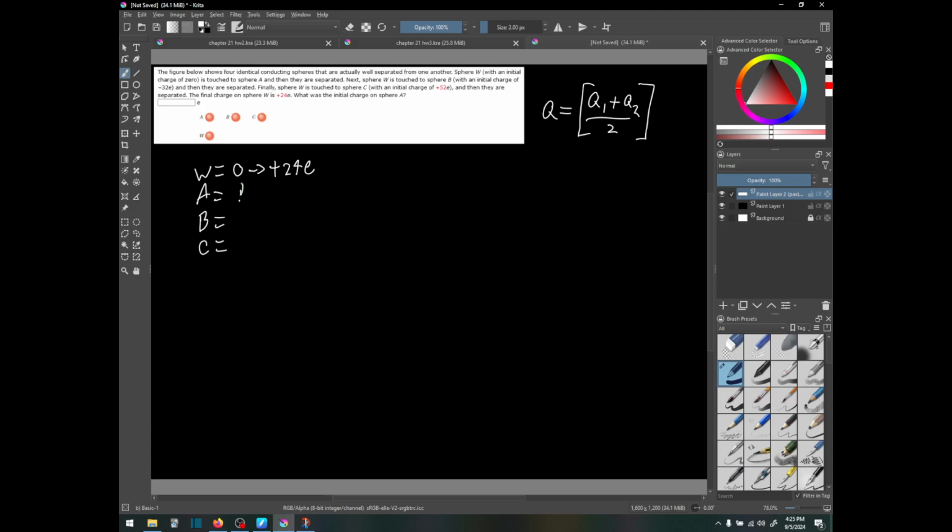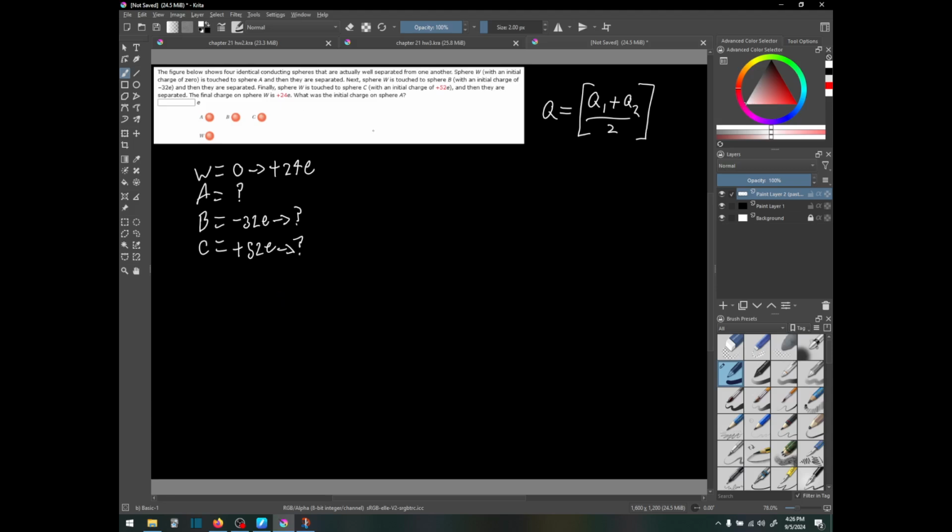B says it is negative 32E. And with C, it says it's an initial charge of plus 52E, and again, we don't know.